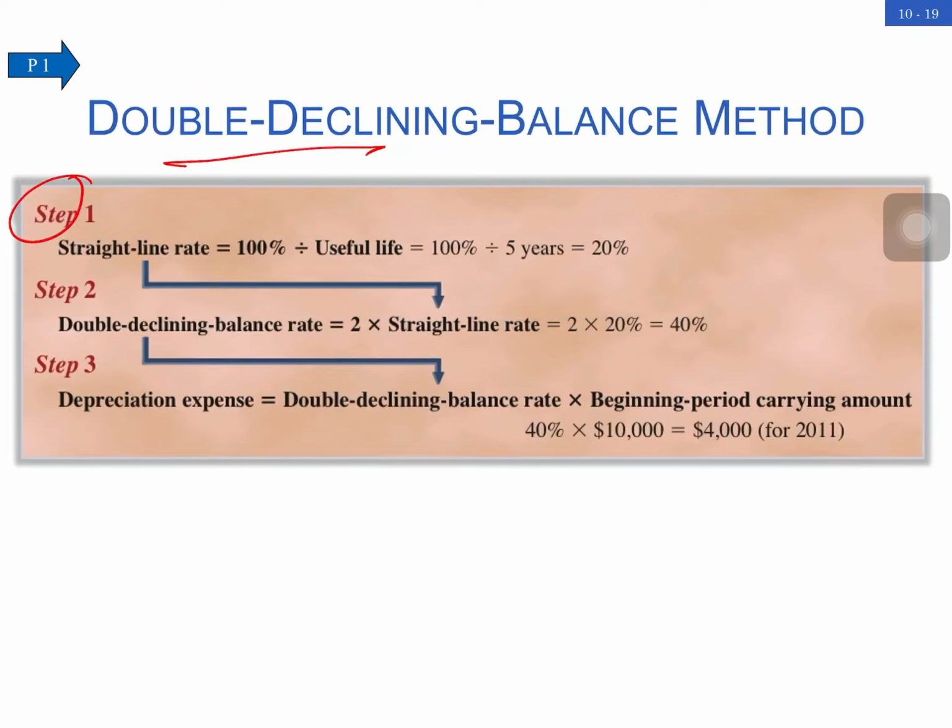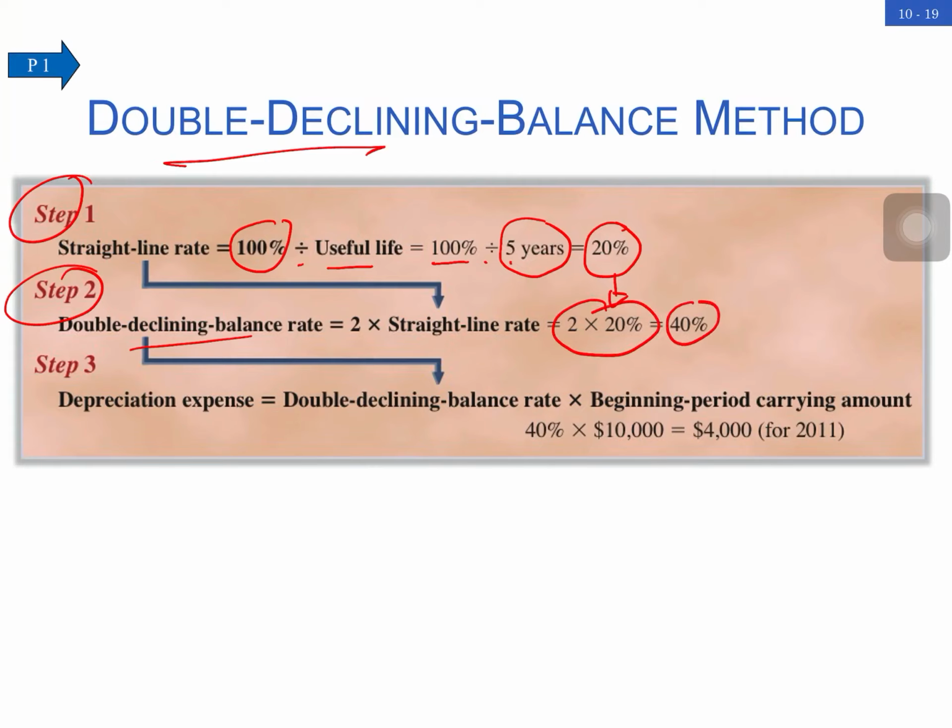First, step 1, you calculate the straight line rate. So 100% divided by the useful life. In this example, the useful life is 5 years. So 100% divided by 5 years, then you get 20%. Okay. And then step 2, you double this rate. So 20% multiplied by 2, you get 40%.